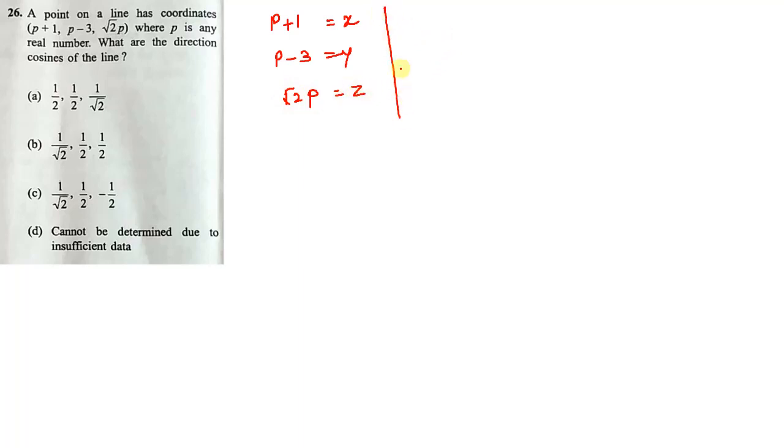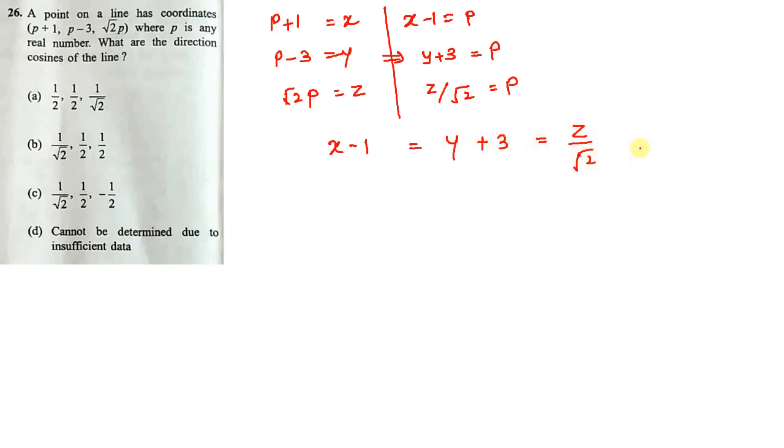So after solving all these values, we can say x minus 1 is also equal to p. So we can write this as x minus 1 is equal to y plus 3 is equal to z upon √2, and all these values are equal to p, where p is a constant value.